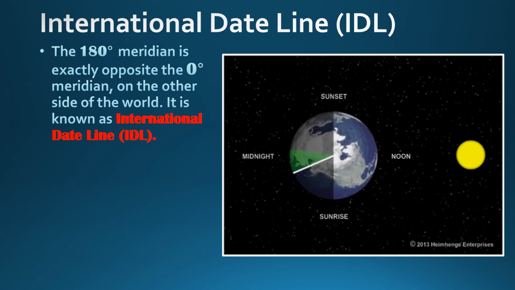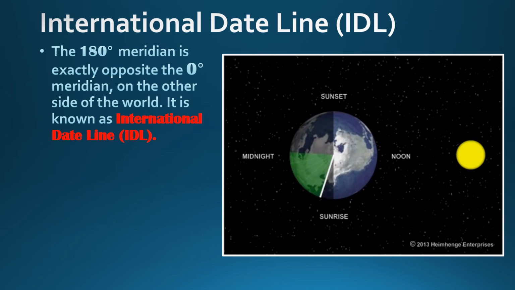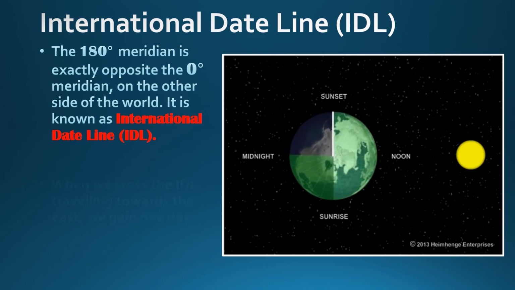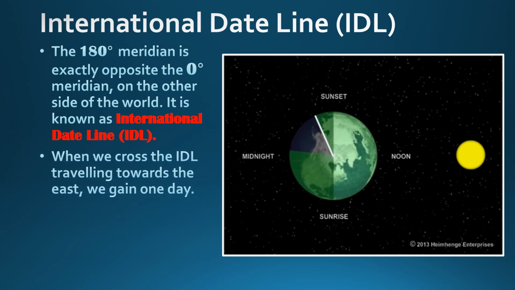As we have discussed, the prime meridian is at 0 degree. Students, the opposite of the 0 degree meridian is the 180 degree meridian, which is the other side of the world, and it is called the International Date Line, IDL. When we cross the IDL traveling towards the east, we gain 1 day.